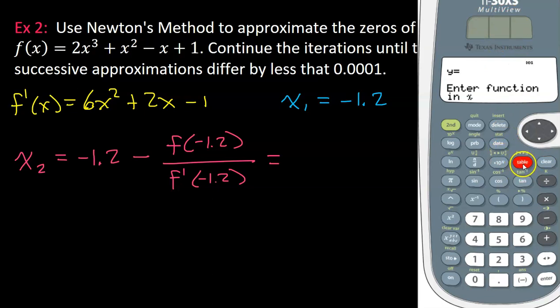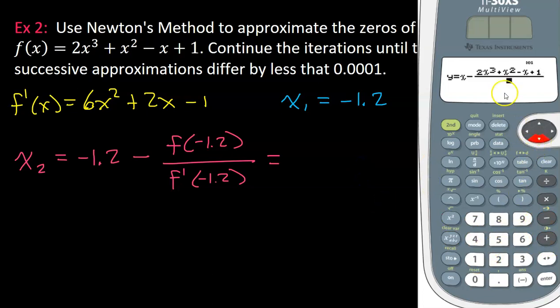I'm going to use the table feature, and the way the function is set up, I'm just going to put in x to represent our old value, and then minus, and in the numerator is f of x. So I'm going to put my 2x to the third power plus x squared minus x plus 1.